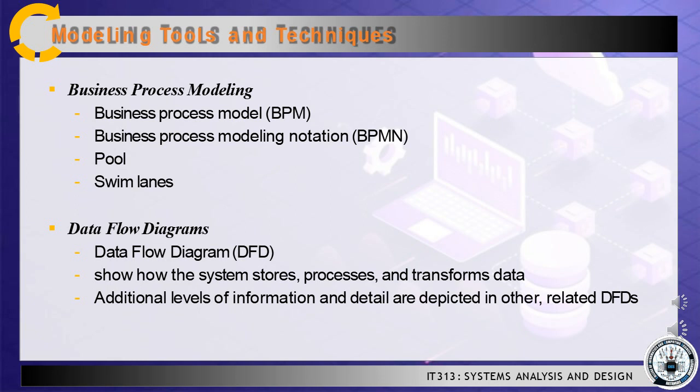This includes various shapes and symbols to represent events, processes, and workflows. Using BPMN terminology, the overall diagram is called a pool, and the designated customer areas are called swim lanes. Working from a functional decomposition diagram, analysts can create data flow diagrams or DFDs to show how the system stores, processes, and transforms data.